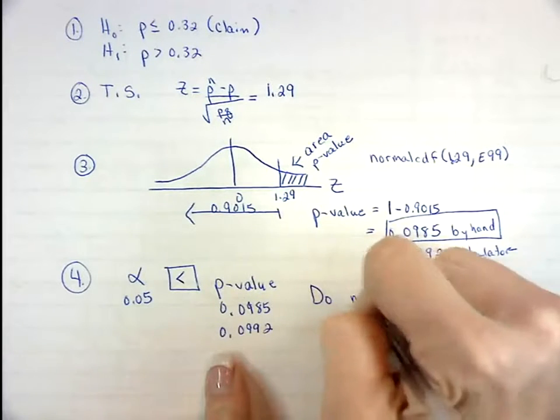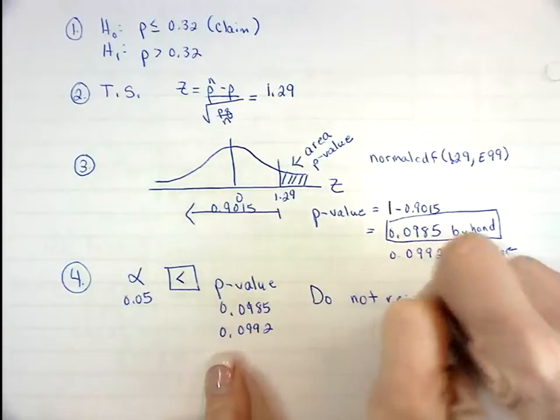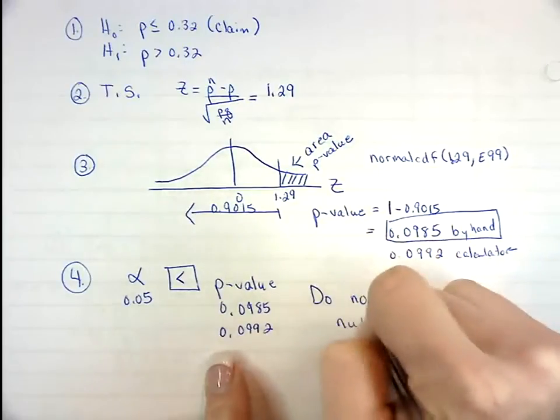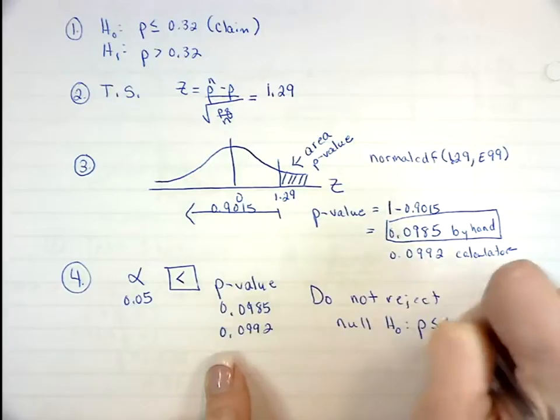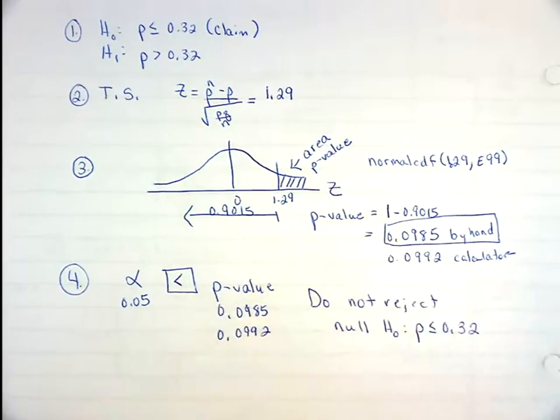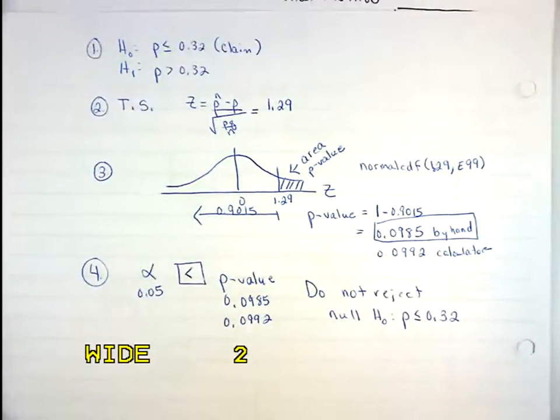Do not reject the null hypothesis that says P is at most 32%. And I'm not going to write down the summary statement because it is the same as before. So refer to the summary statement on the sheet, or go to your diagram.